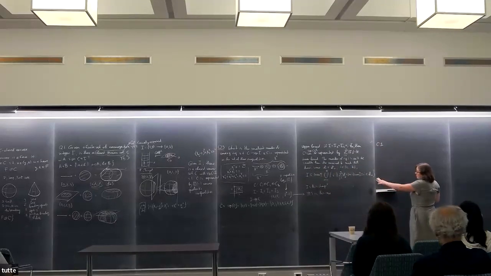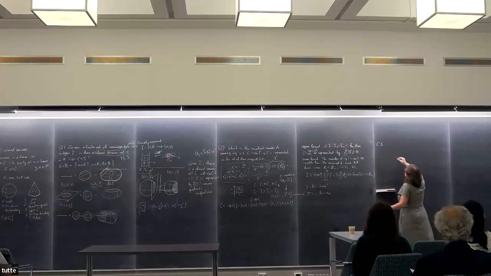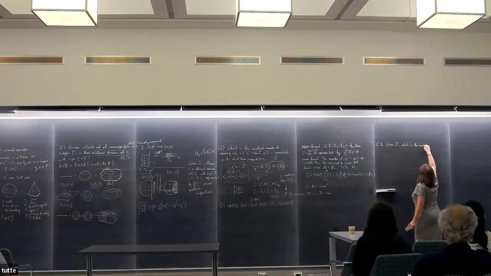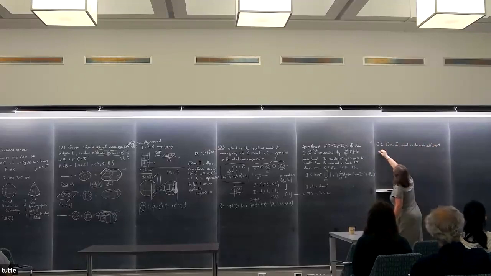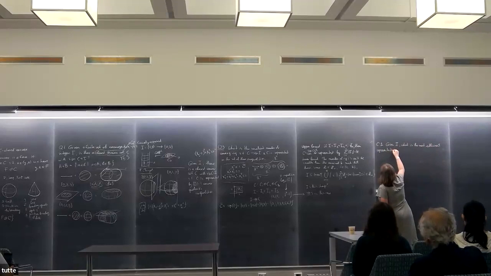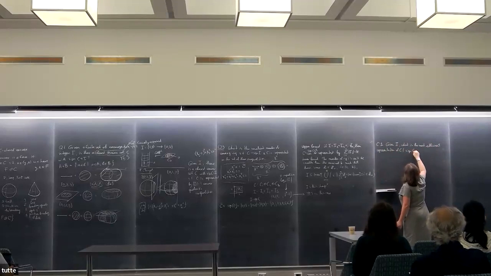So the first question is obviously, for any sequence, what is the most efficient representation? Right? So given I, what is the most efficient representation of C such that the signature of C is I?